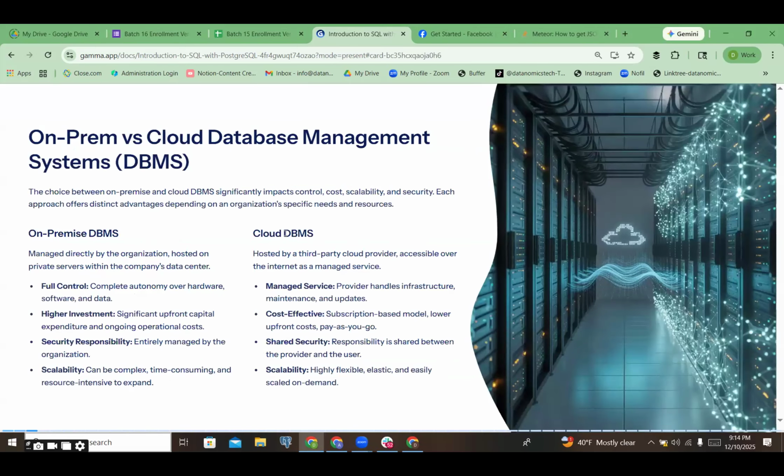But if we look at databases in terms of how and where they are being built or hosted, we have two main categories: on-prem, or on-premises, versus cloud database systems. On-prem means we are hosting and running these database systems, or basically the software of the database server, locally on our own machines.